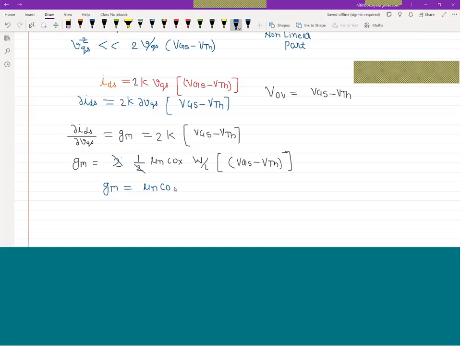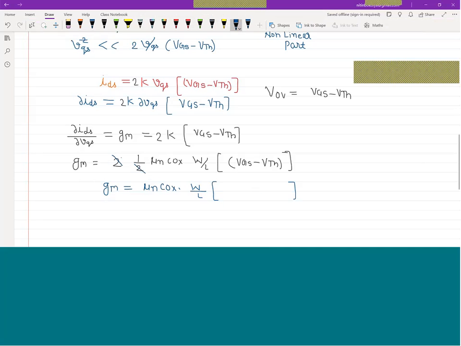mu n into COX into W by L into (VGS minus VTH), which can be written in terms of capital IDS. We want to write this part. So can I say this part is VGS minus VTH?